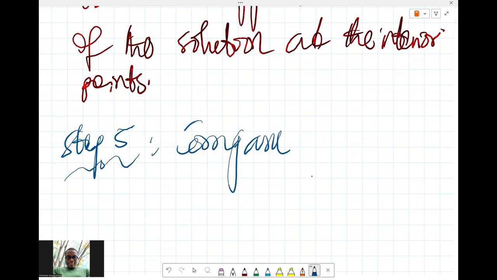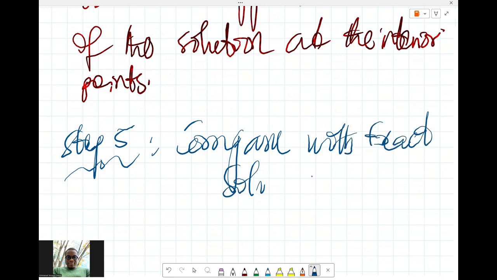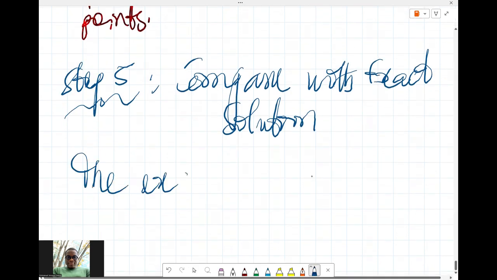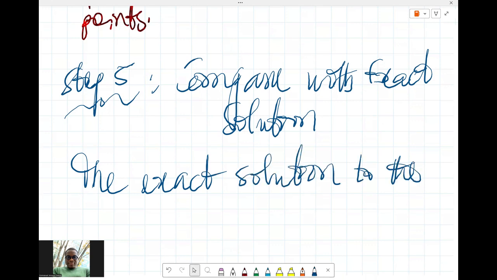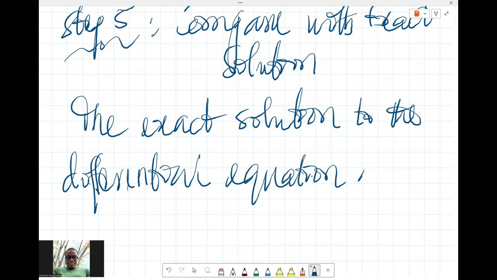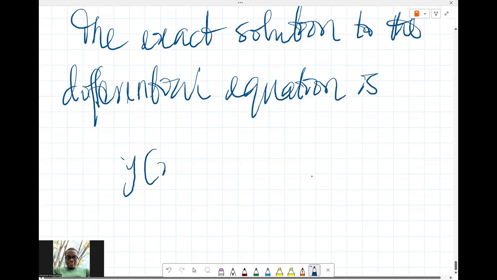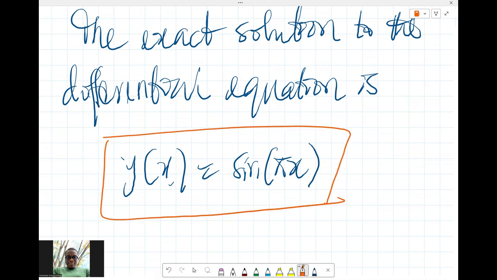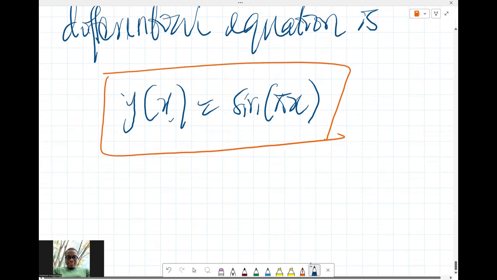Of course, when this problem is solved, the exact solution to the differential equation is y of x equals sine of pi x. That's the exact solution. Okay, so with this now we can see how effective our method is.